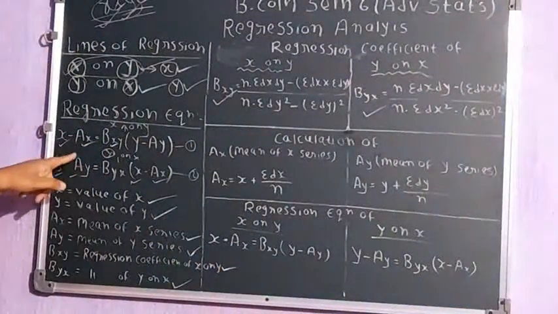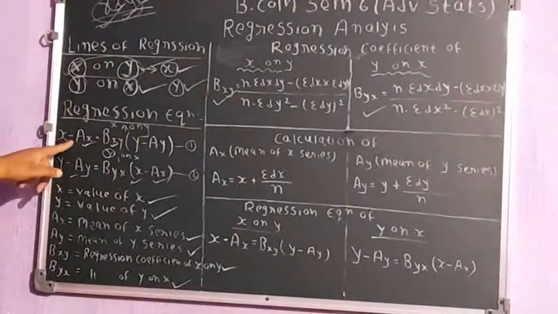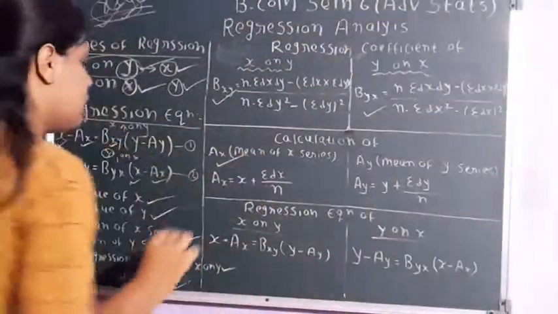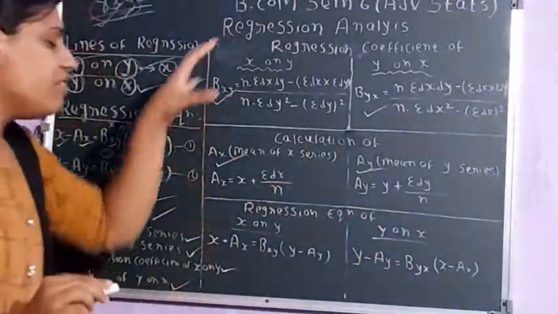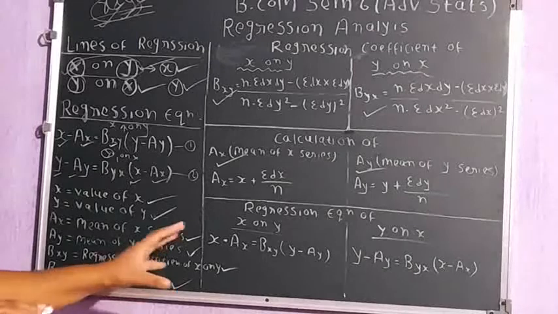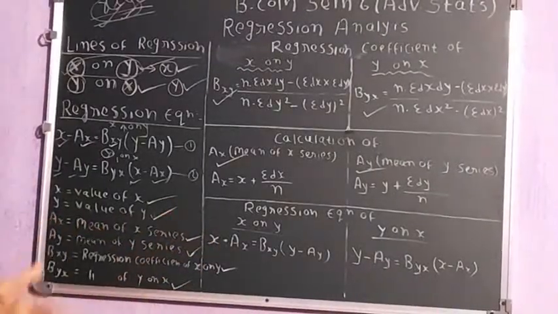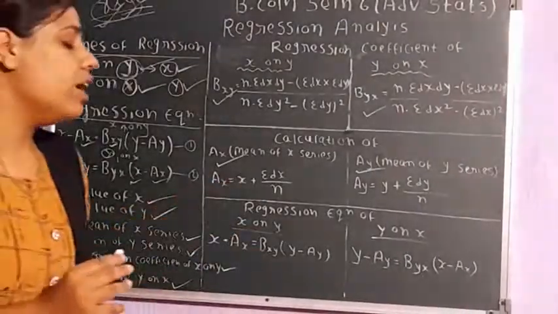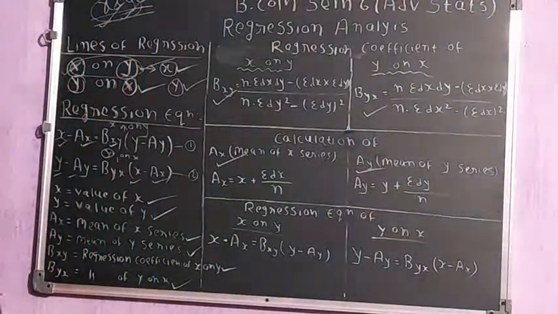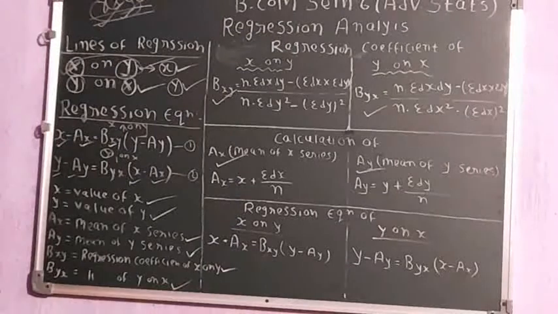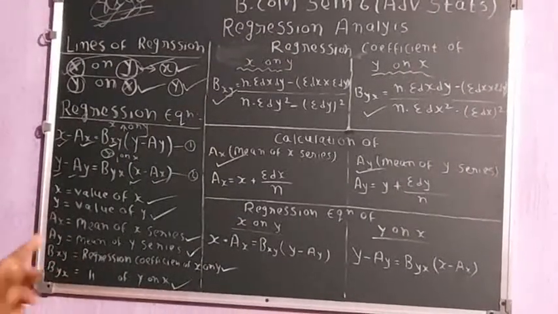What is the meaning of ax? Mean of the x series. What is the meaning of ay? Mean of the y series. Once we have these values, we can put them in the formula to calculate the regression equation, and we can have the regression equations which can be used to predict the value of one variable when the other is available.